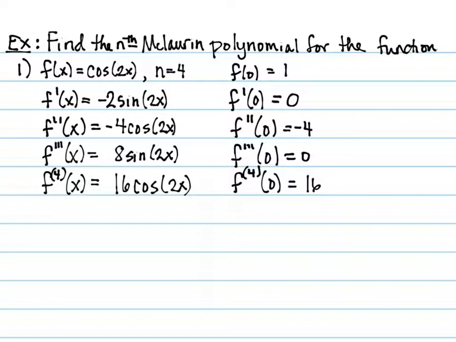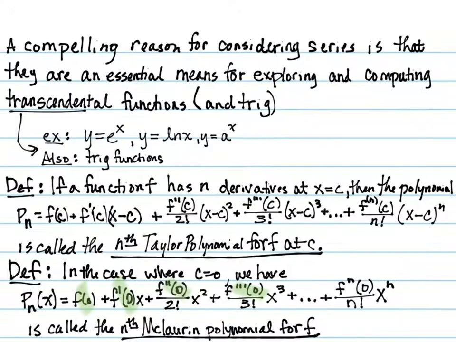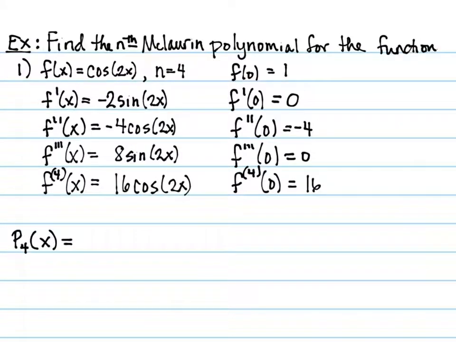So we're going to find our polynomial. It's p sub 4 of x. It says that I'm supposed to have the f of 0 value, which we found was 1. Plus, I need the derivative evaluated at 0, and that one was 0, right? So I'll write it in just for the sake of doing it. You don't have to on your homework, but it's there, right? This would be 0x plus, I need my second derivative, and we found that that was negative 4.